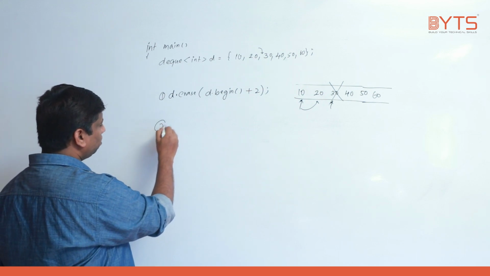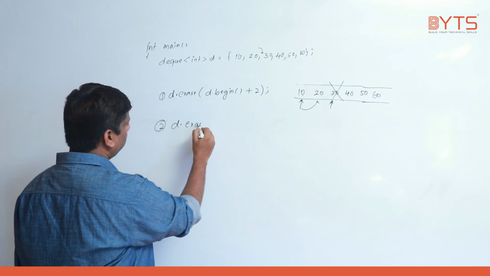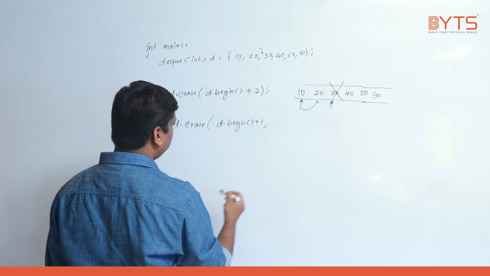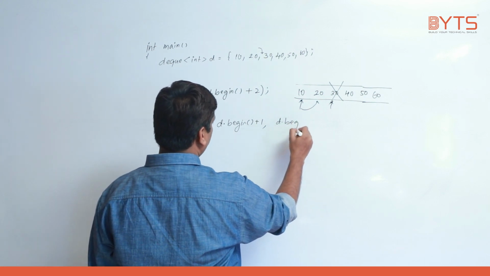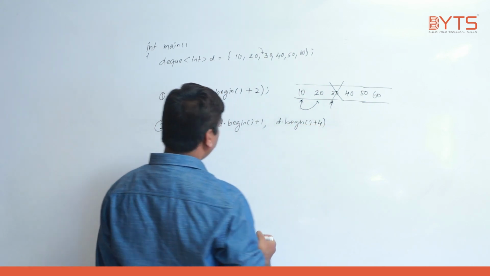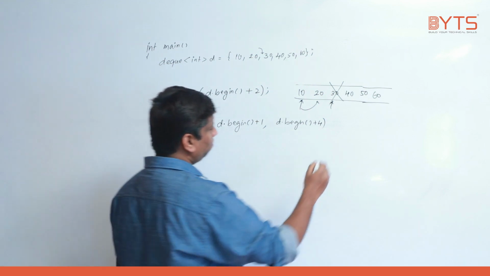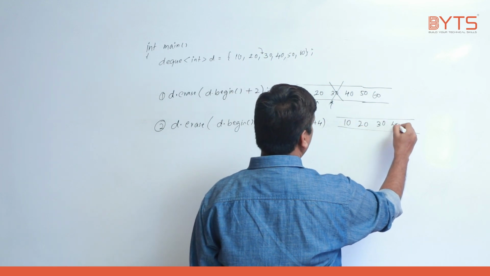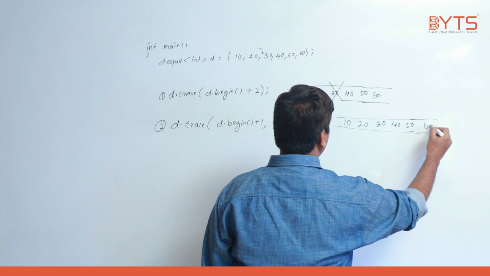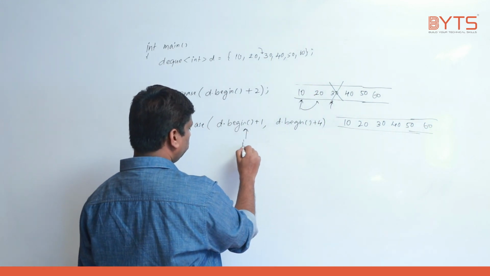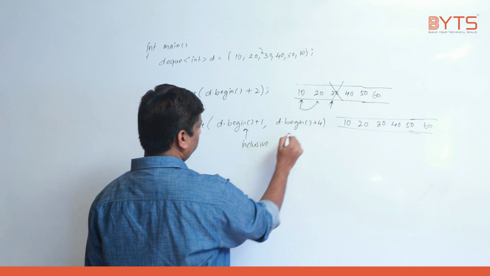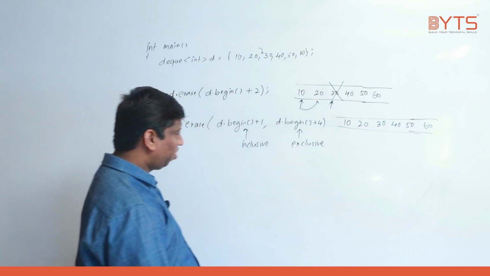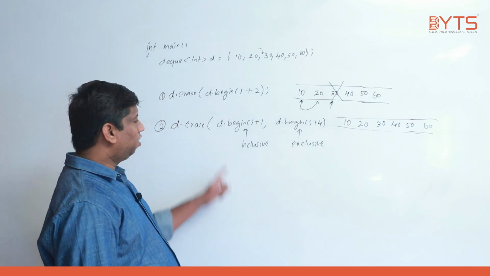Now the second one we have is D dot erase D dot begin plus 1 comma D dot begin plus 4. We'll see the list here: 10, 20, 30, 40, 50, 60. This is inclusive, and this is exclusive.